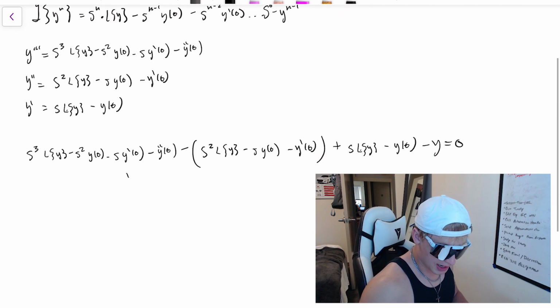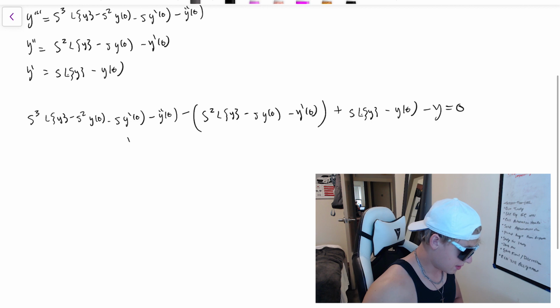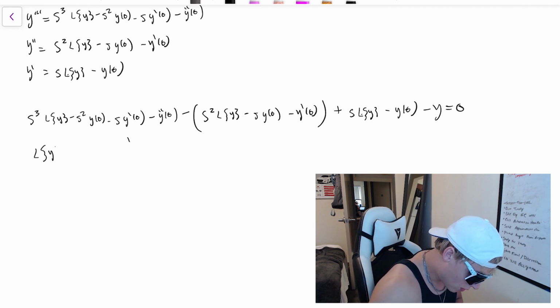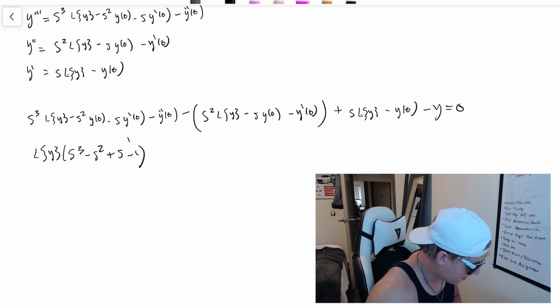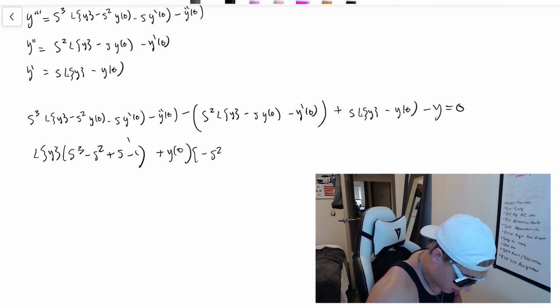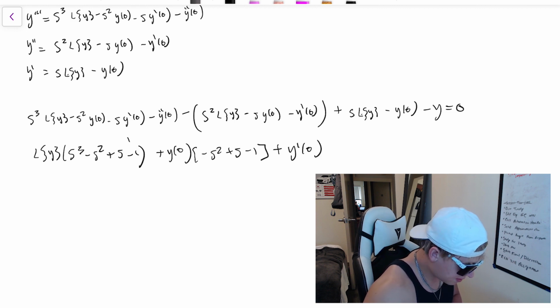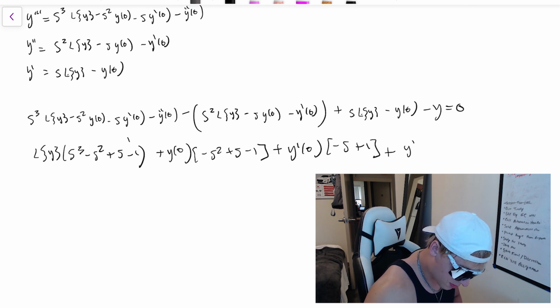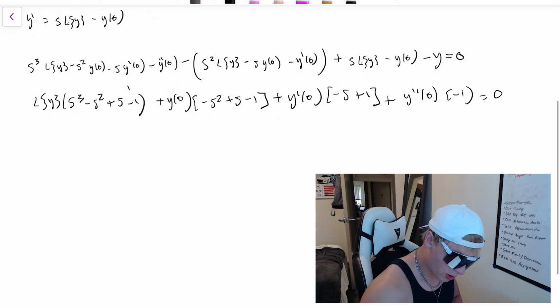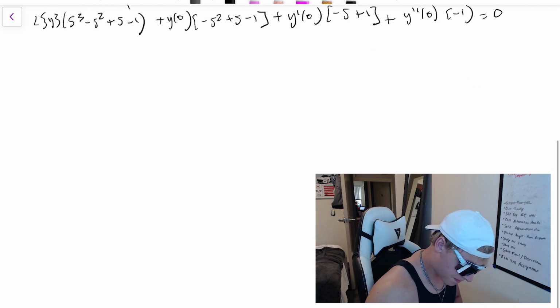We can go ahead and plug everything in and rearrange, and then we're going to get the Laplace transform of y times s cubed minus s squared plus s minus 1, plus y of 0 times negative s squared plus s minus 1, plus y prime of 0 times negative s plus 1, plus y double prime of 0 times one here.